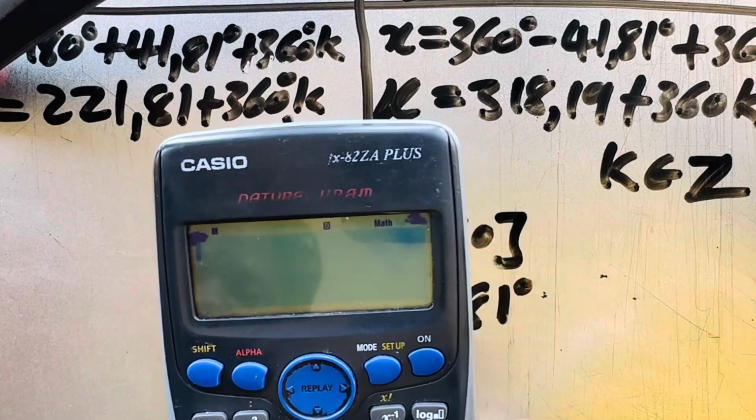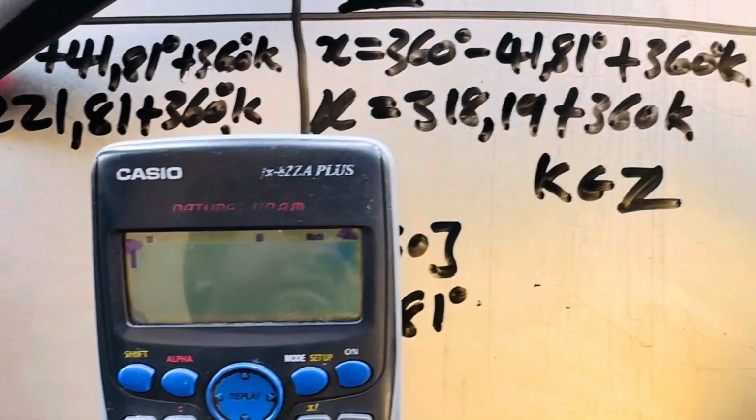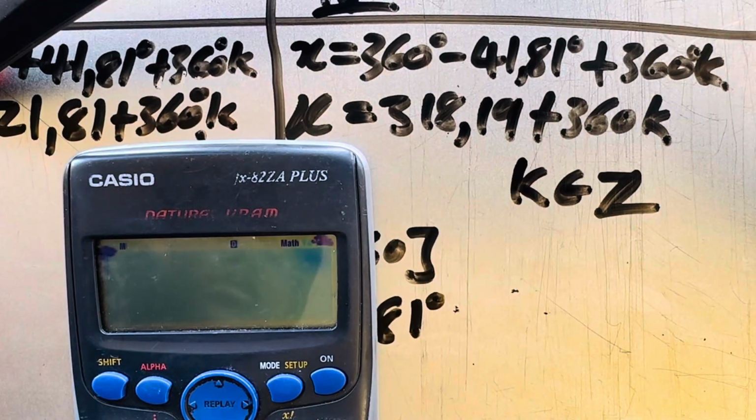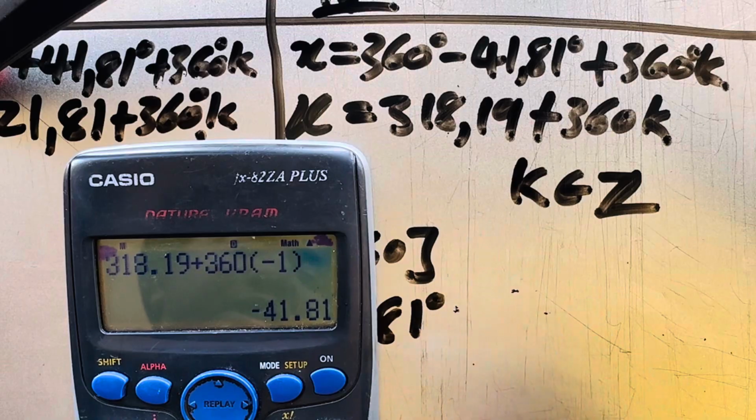So we go to this side, where we have 318,19 plus 360 times an integer. Let's start substituting negative 1, which gives negative 41, not between 0 degrees and 360 degrees.